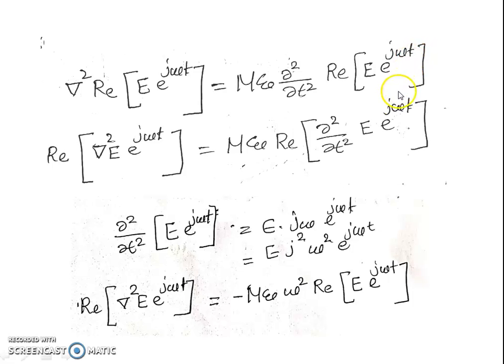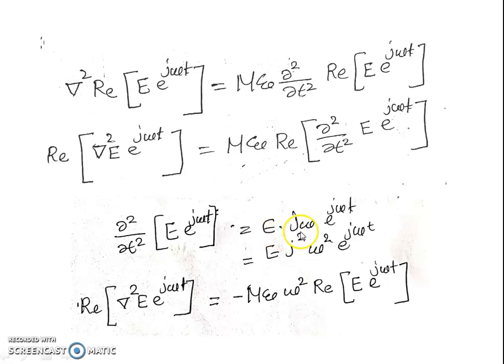That is, we are substituting the value for E. So the real part of del square E raised to j omega t is equal to mu epsilon. We are rearranging this, that is real part of dou square divided by dou T square E raised to j omega t.